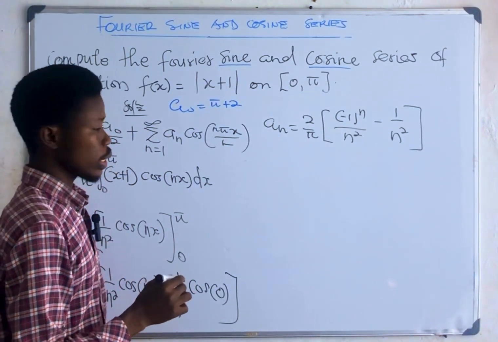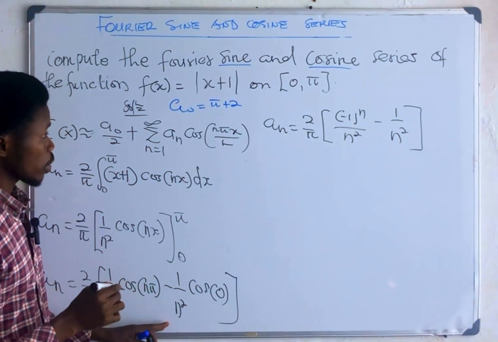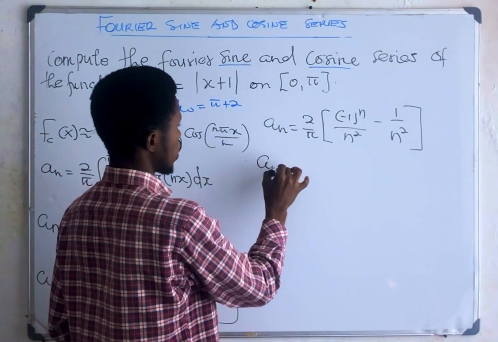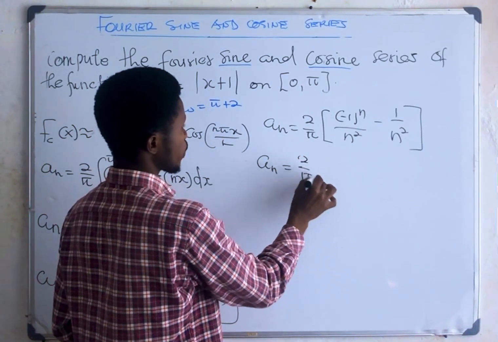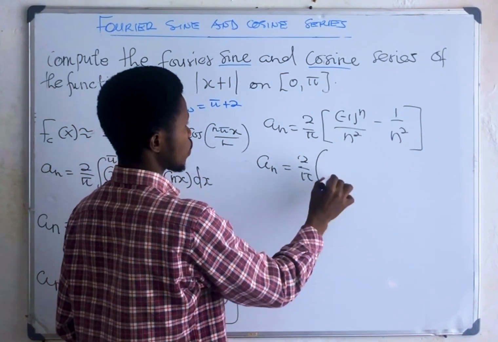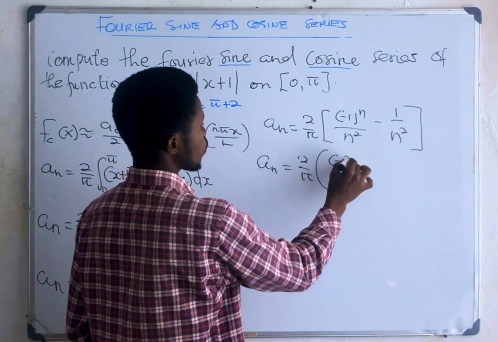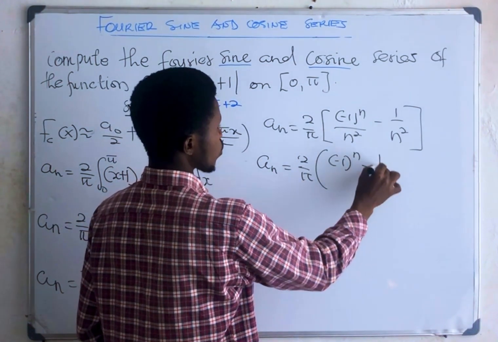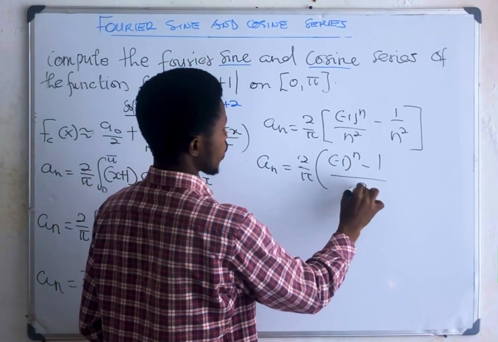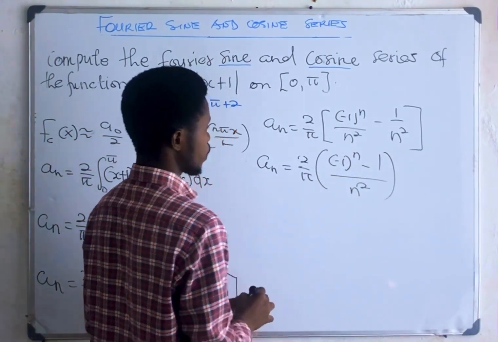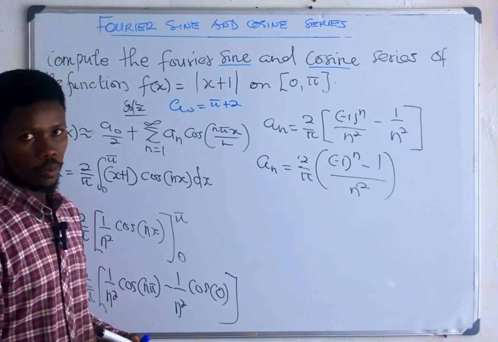So in this case, if I find the LCM, what I'm going to get is a n equals 2 over pi times negative 1 to the power n minus 1 all divided by n squared. So this is what I have.